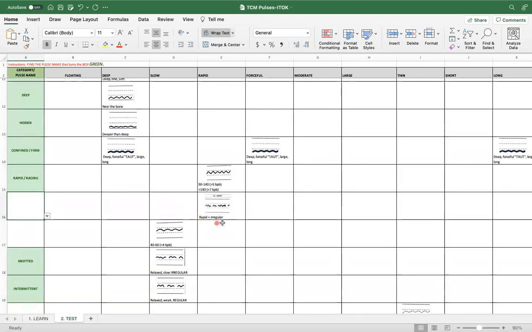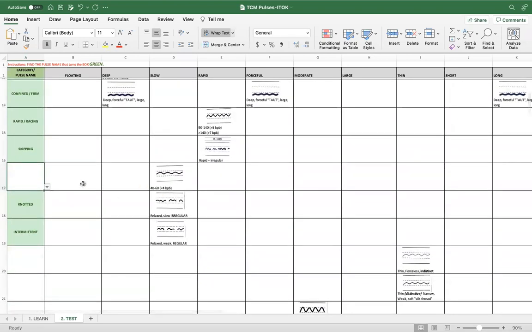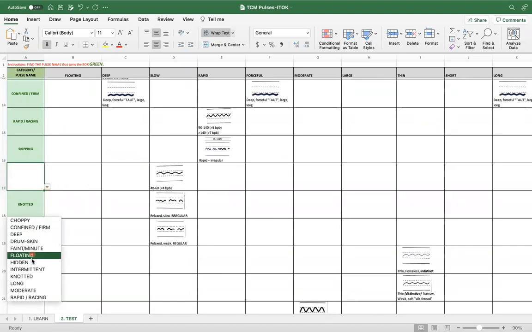So the rapid and irregular, we have another name that some books give to this one, which is hasty. So rapid and irregular, that is a skipping pulse.